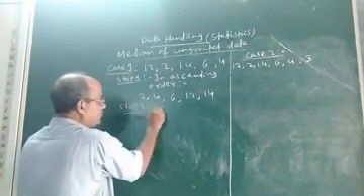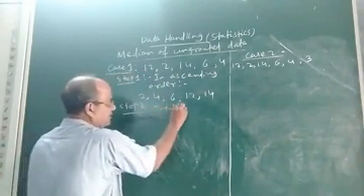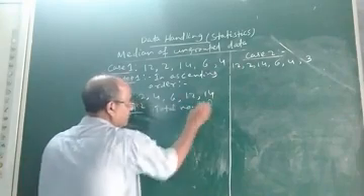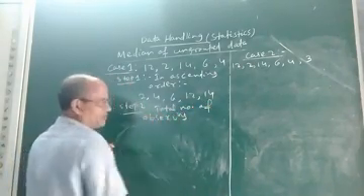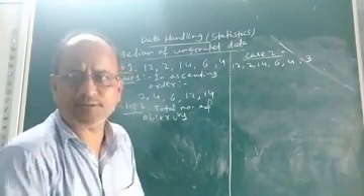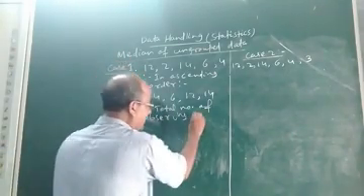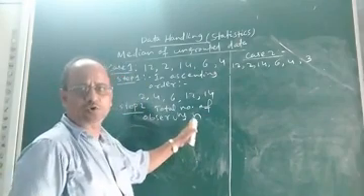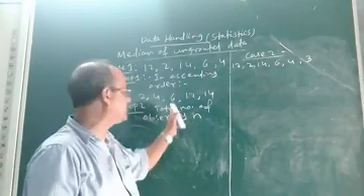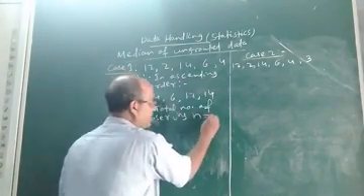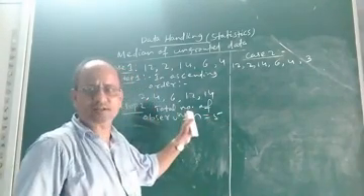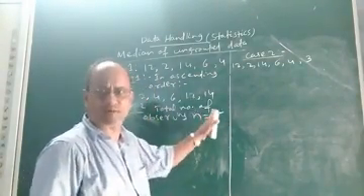Suppose we denote the total number of observations in this distribution by the symbol n. So it is how much? 5. So in this distribution there are 5 observations.